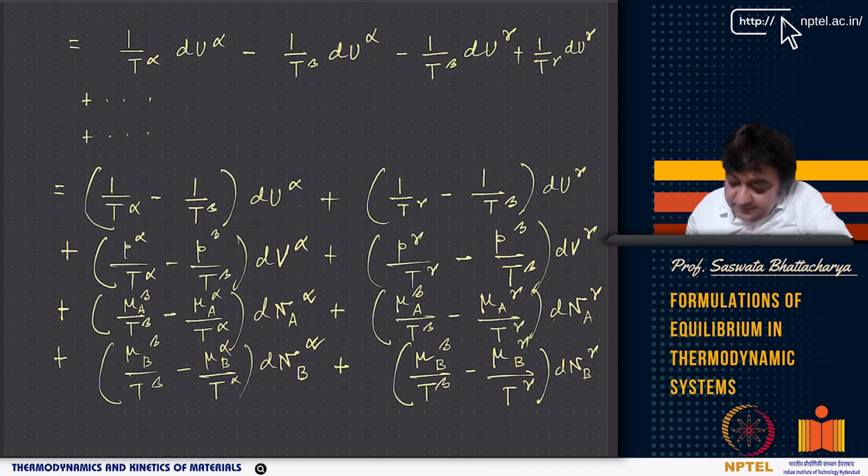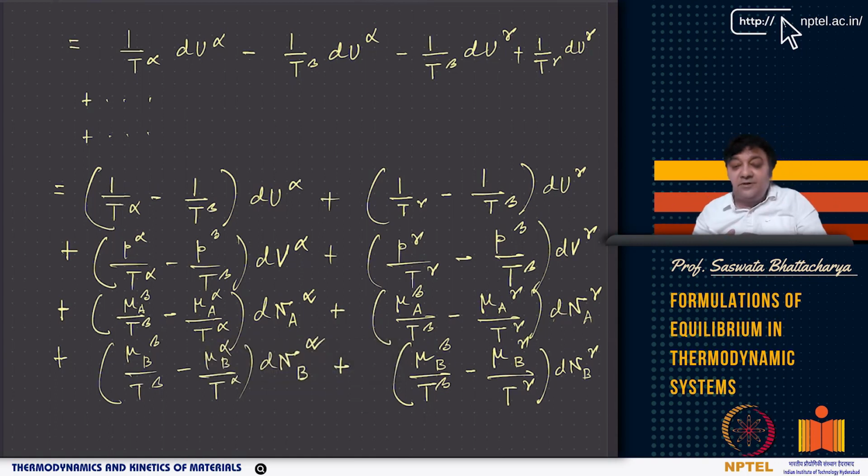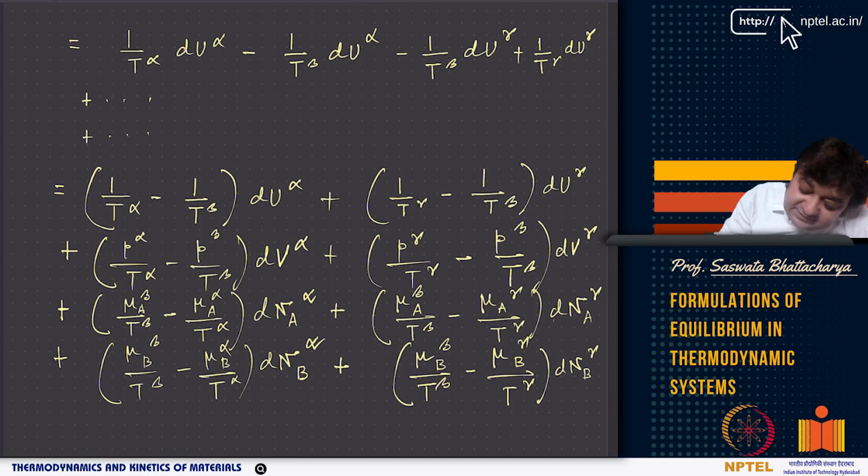Now, as we know that dU alpha, dU gamma, dV alpha, dV gamma, dNA alpha, dNA gamma, dNB alpha and dNB gamma can be chosen arbitrarily, right? Previously we have shown that. Now, this is basically equal to dS. If I set dS equal to 0, then individually each of these coefficients, like 1 by T alpha minus 1 by T beta, has to be equal to 0, and 1 by T gamma minus 1 by T beta.